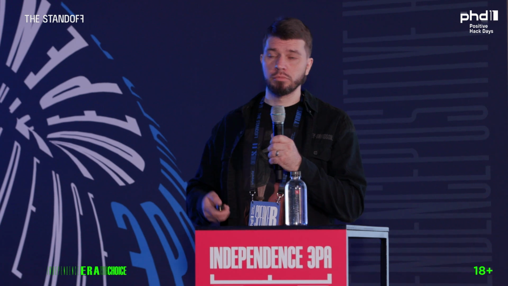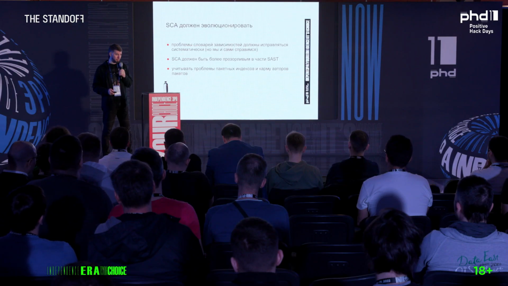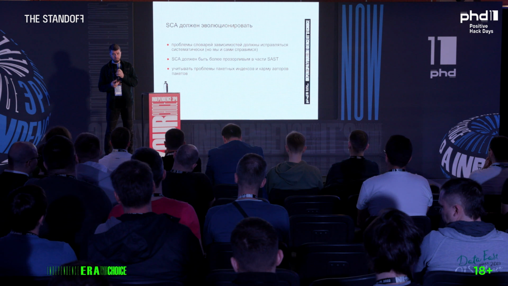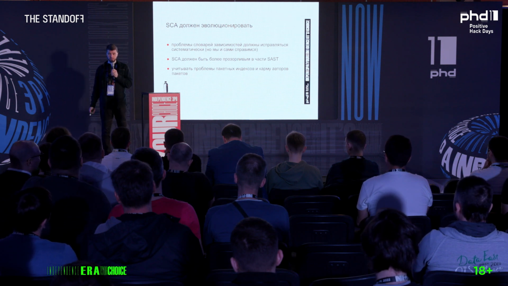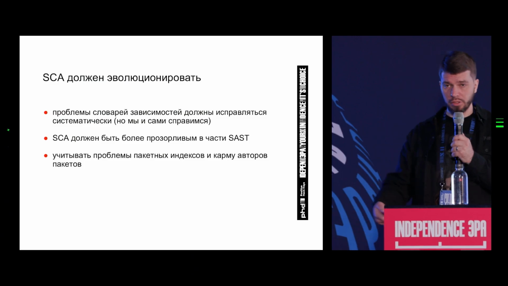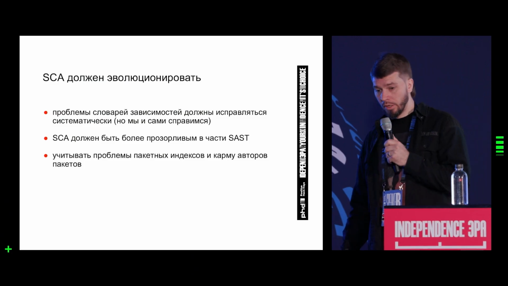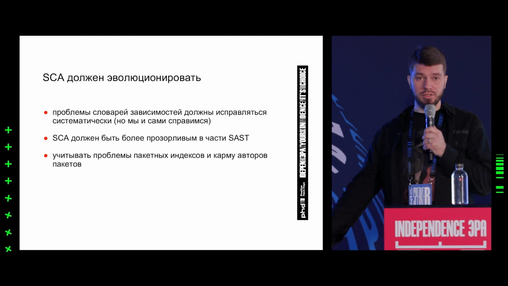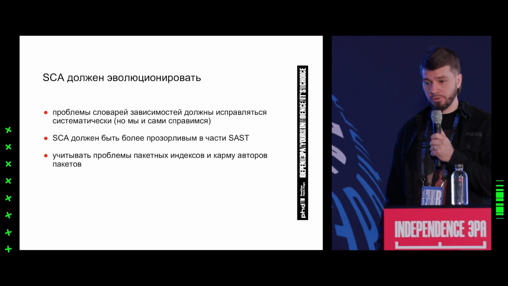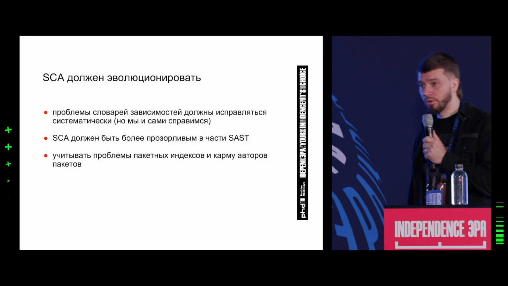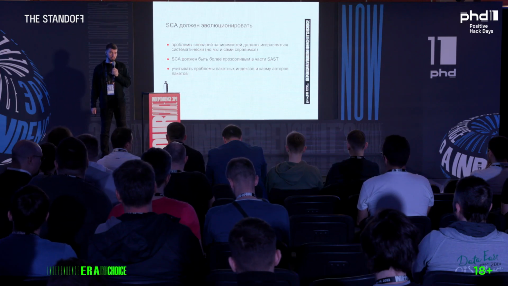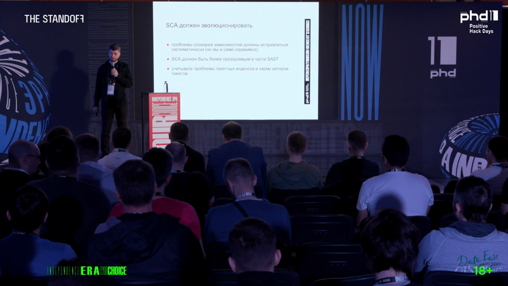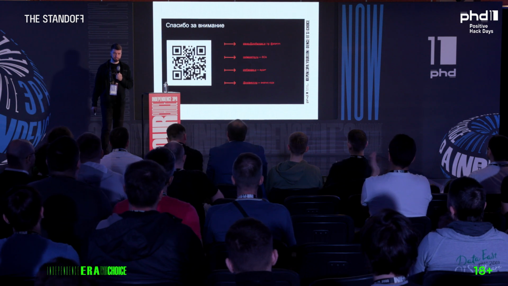SCA has to be more proactive and more integrated with SAST and identify vulnerabilities in new packages before they arrive to SAST. Because before you arrive to SAST, you already start to make use of this package, right? And you also need to bear in mind that some of the vulnerabilities are only there in your head. We still want open source, and we still want to stay secure, so let's do that, bearing all these aspects in mind. Thank you.